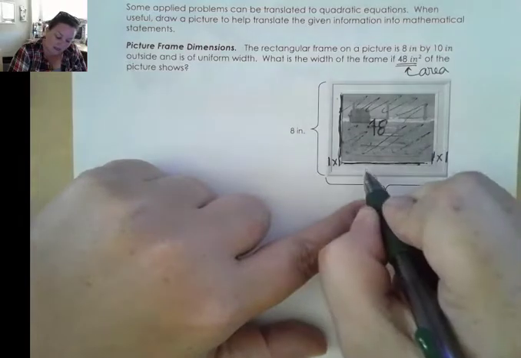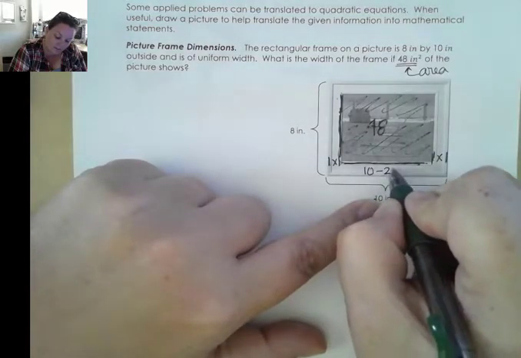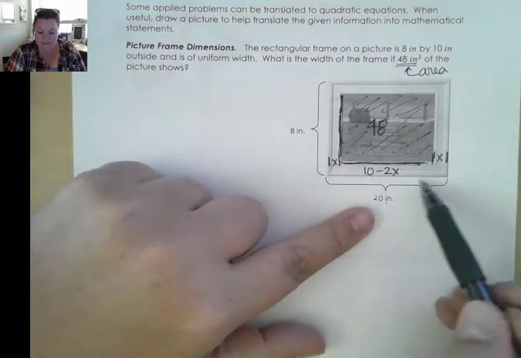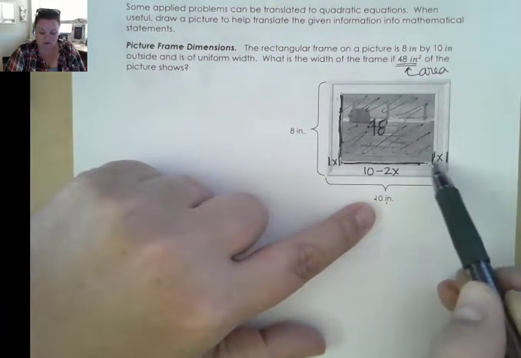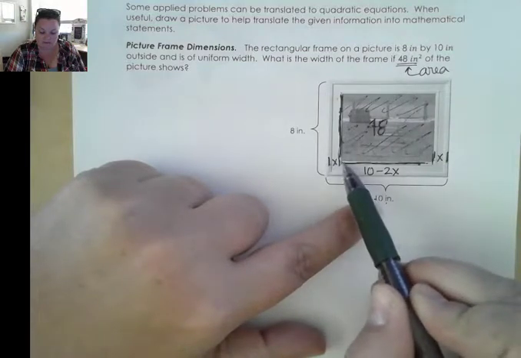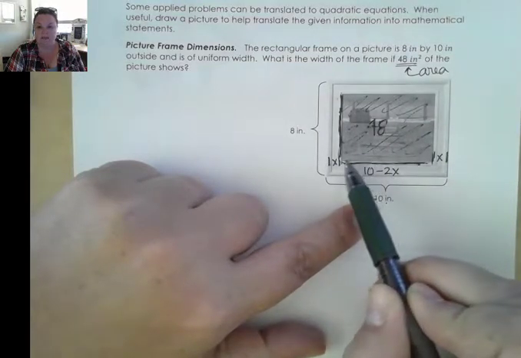So just this line I could write as 10 minus 2x. Does that make sense? Because the whole distance is 10, and if I subtract off the frame distance here and the frame distance here, then I'm left with just this picture showing distance.